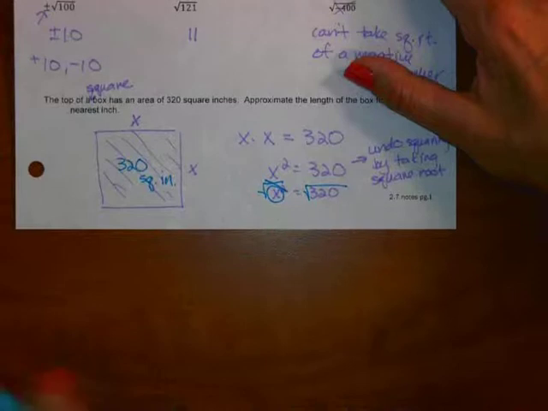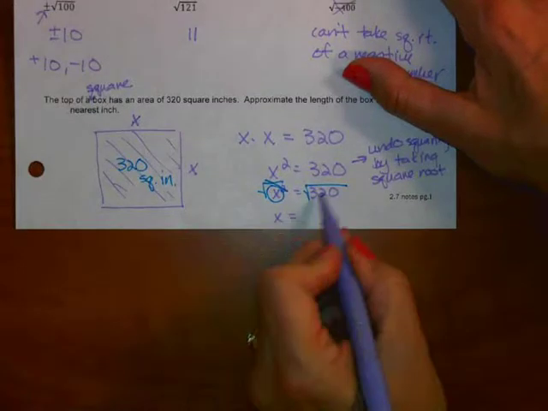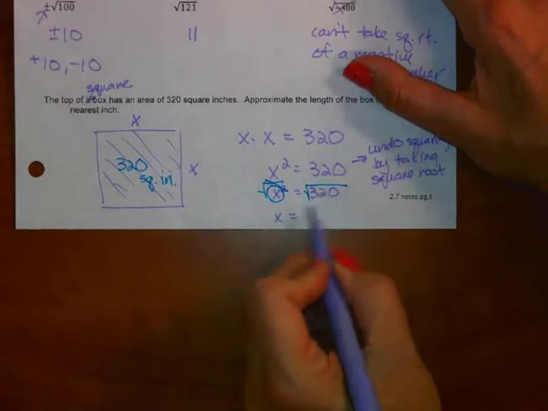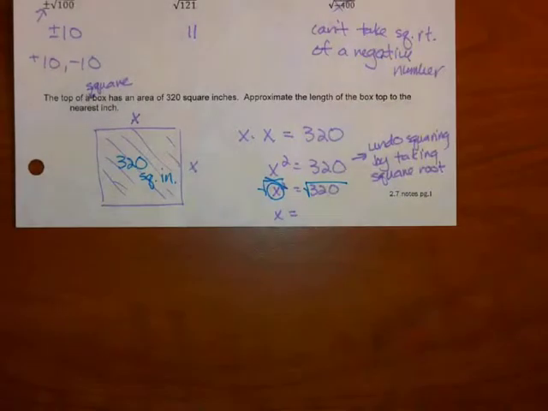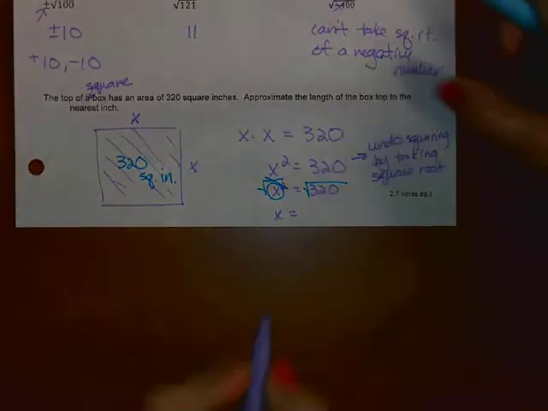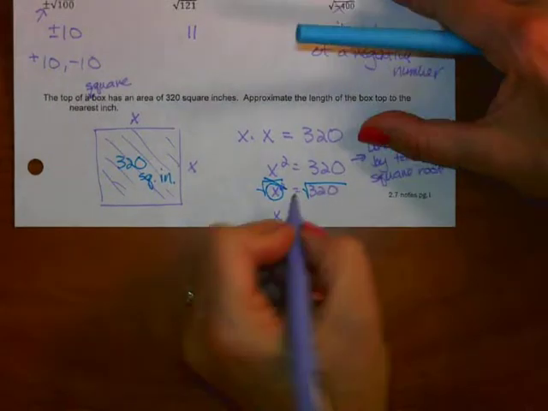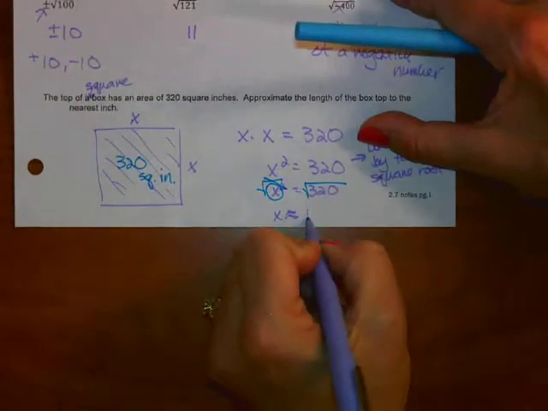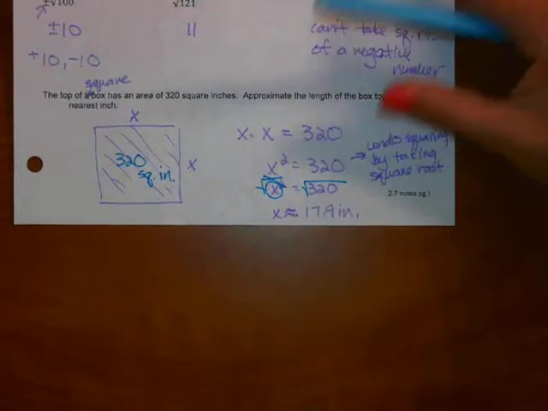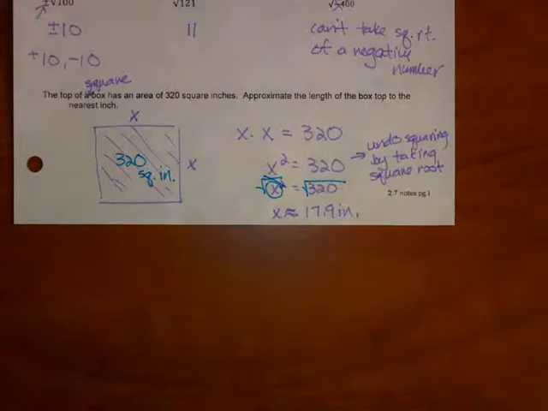So x equals the square root of 320. 17.9, and it keeps going, doesn't it? So I'm going to say approximately 17.9 inches. If you don't know, I can show you later.